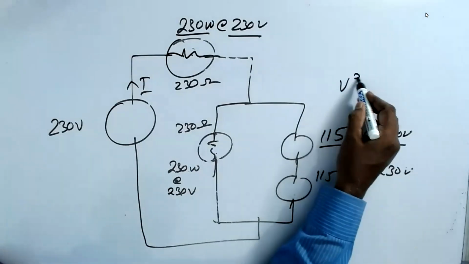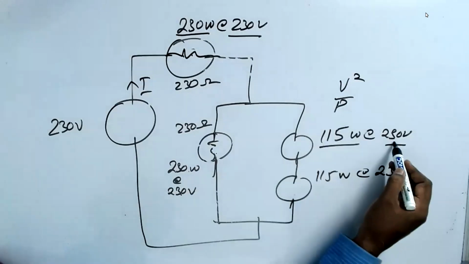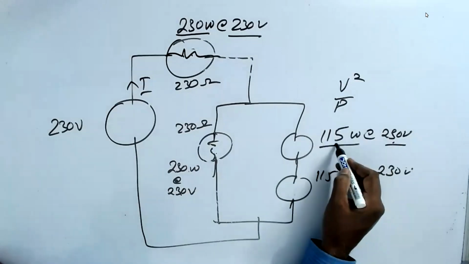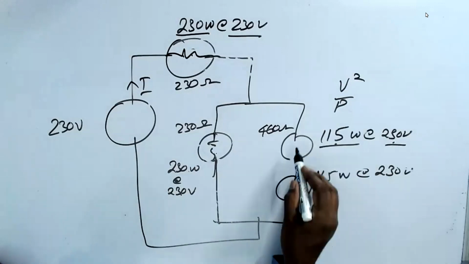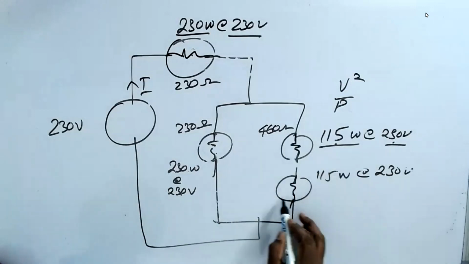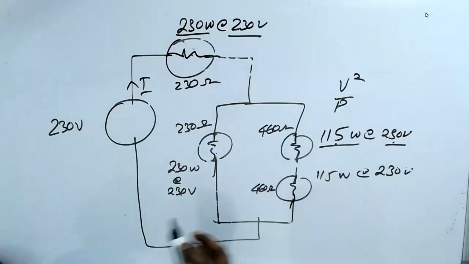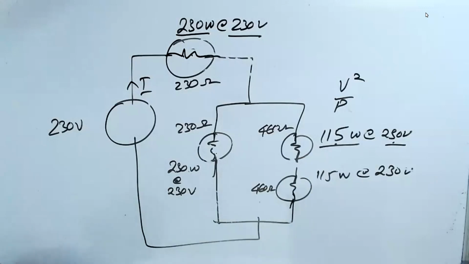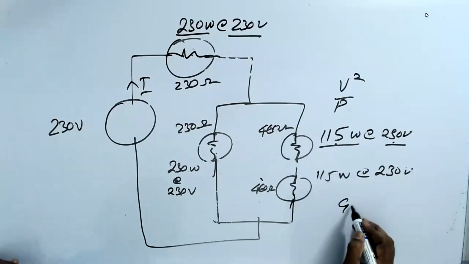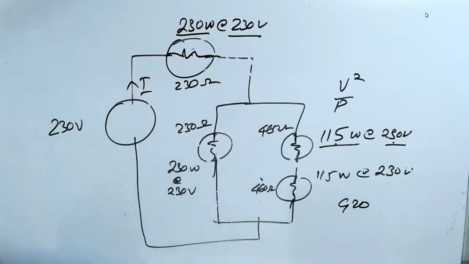You know, V square by P. That is 230 squared divided by 115 watt. So 460 ohm. Oh, I've made a small mistake here.